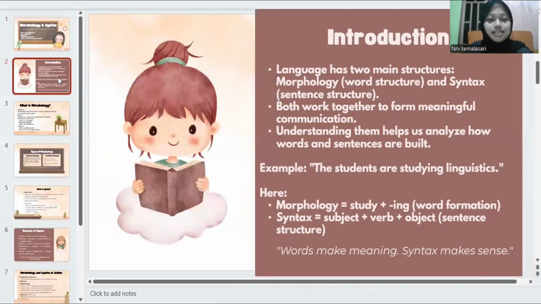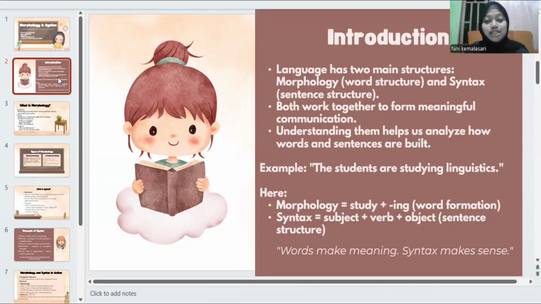In this next slide, there is introduction. Language actually has two main structures. The first, morphology and syntax. Morphology focuses on how words are formed, while syntax focuses on how words are arranged to form meaningful sentences. Let's look at this example.